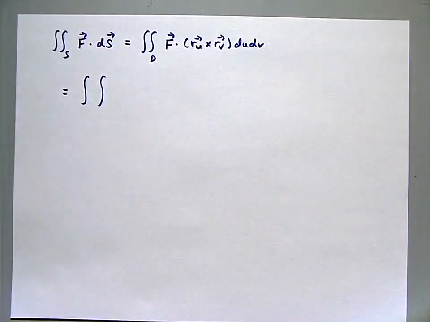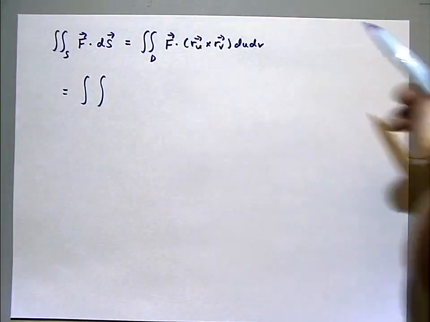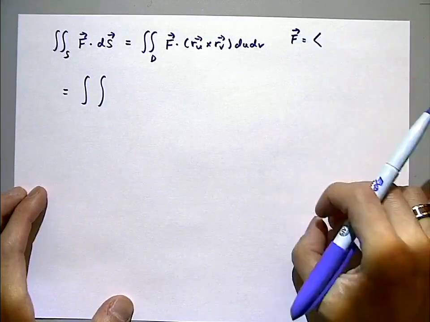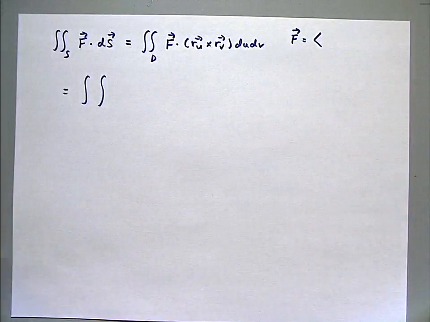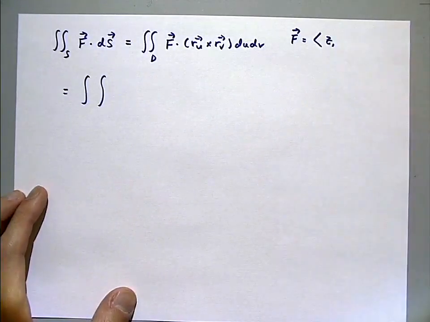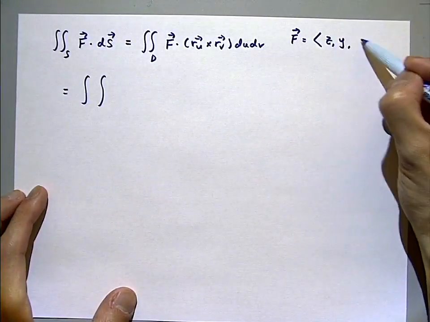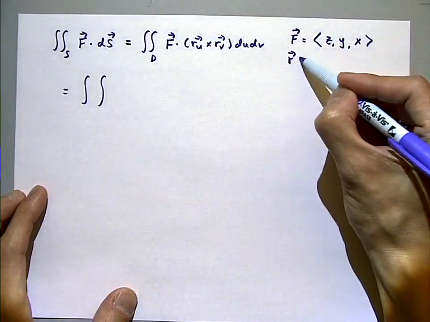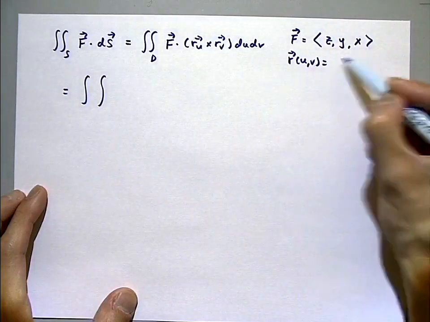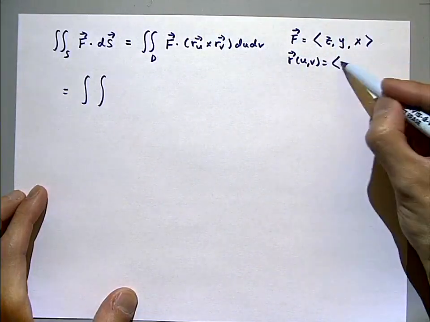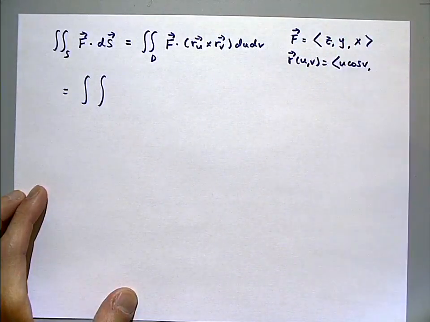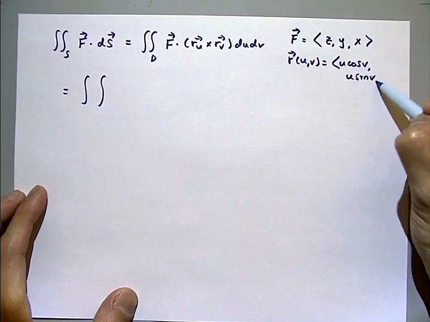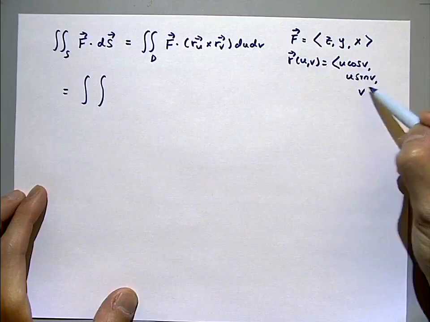All right, for us here, remember F, in our case, the vector field we got is zi, yj, and xk. And the surface that we're given is u cosine v, u sine v, and then v.